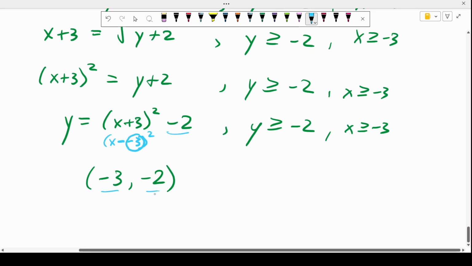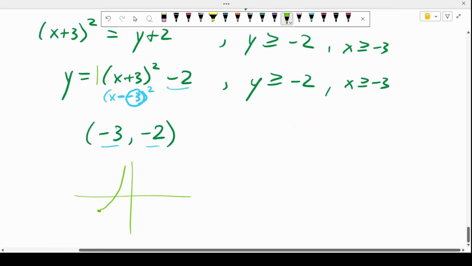Our parabola is a concave up parabola because a is 1 with a vertex at negative 3, negative 2. So it looks something like this. It's always negative 2 or higher. So this makes sense.